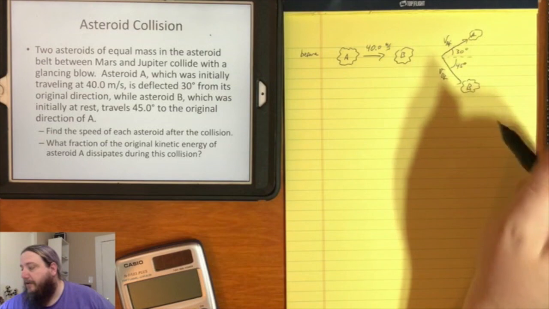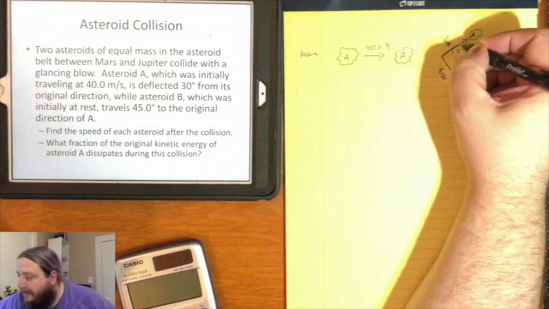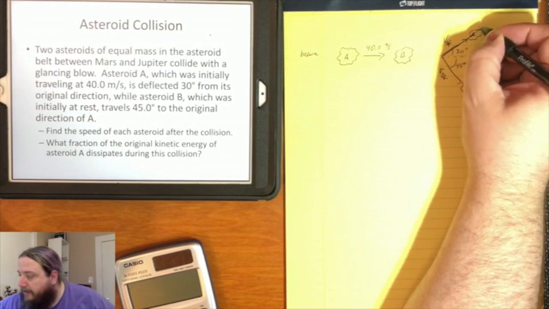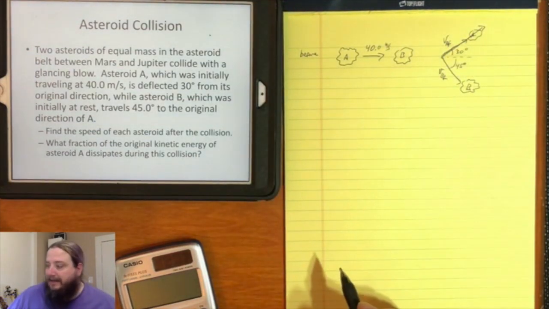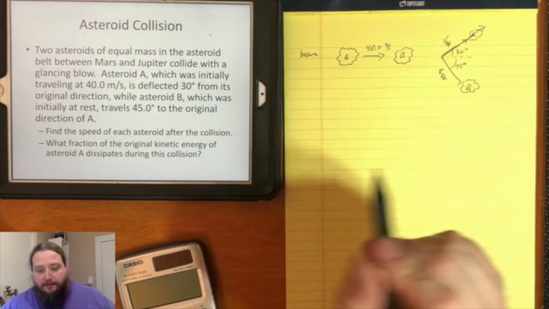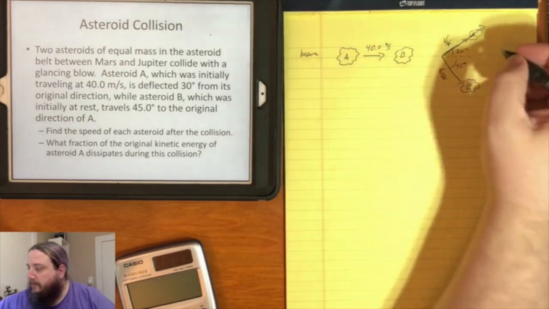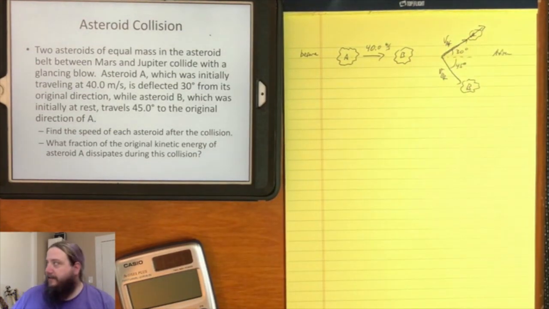And indeed, as I've drawn these, probably the speed AF here would have to be larger than the speed BF, because AF is at a shallower angle relative to B. So anyway, our after drawing would look something like that.